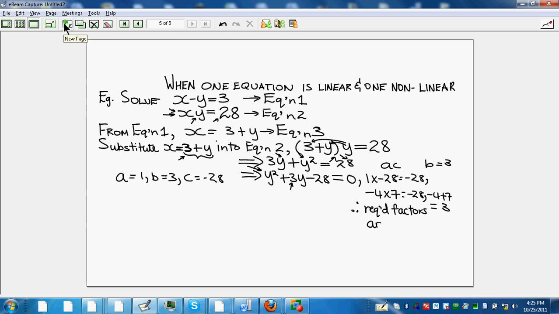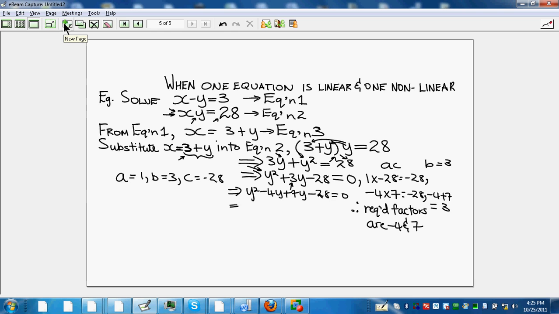Therefore, the required factors are minus 4 and 7. So based on that, I could come back up here now and make that substitution. How will I do it? Y squared plus 3y will be replaced by these two here. So I'll replace the plus 3y by minus 4y plus 7y minus 28 equal to 0.